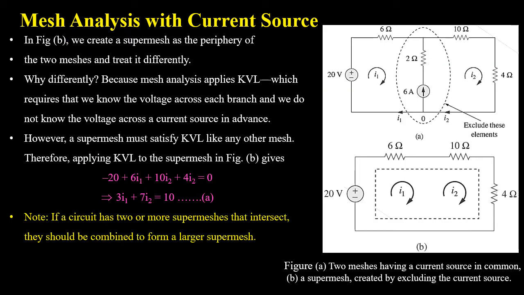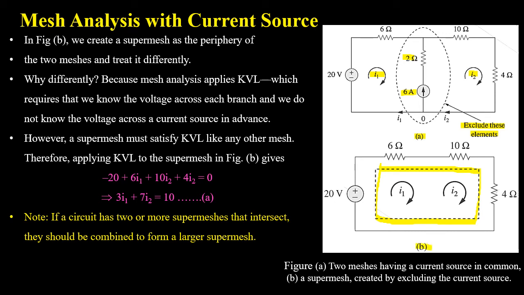Now if you look at figure A, in this we have two meshes and a current source in series with a 2 ohm resistor. So for solving purposes we will make a super mesh by excluding the 6 ampere current source and the 2 ohm resistor from the circuit, and the resultant circuit will be like figure B. Now the single mesh with currents I1 and I2 represents the super mesh.